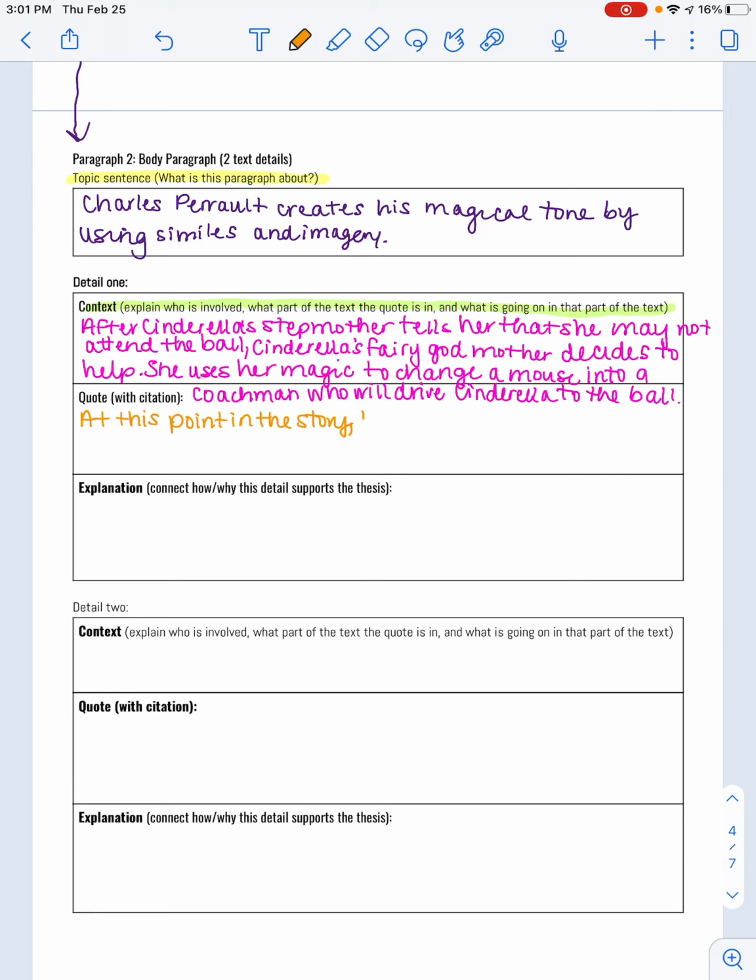Perrault writes. And this is where I'm going to jump into my quote that I've taken from my story. So I'm going to put writes, comma, and then I'm going to put my quote here. The fairy chose the one which had the largest beard.